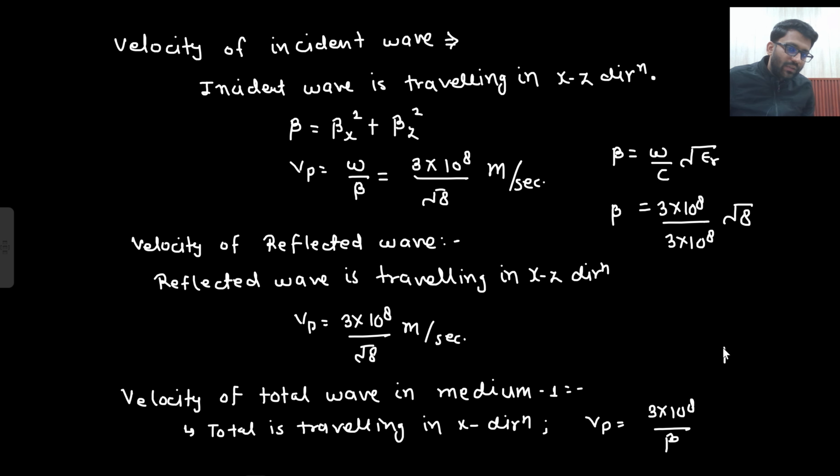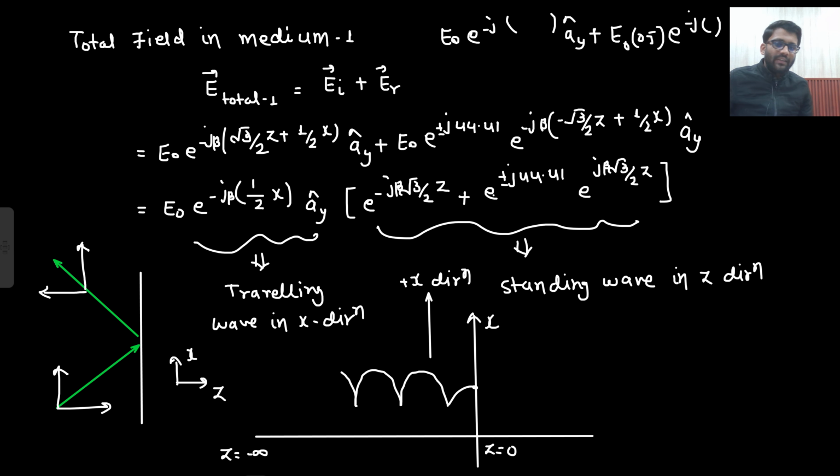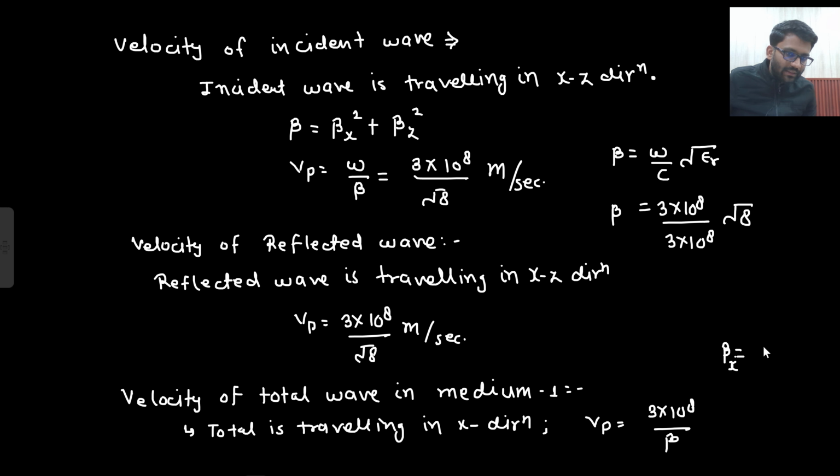So beta of x only I need to take now. What is my beta of x here? Beta of x is beta into 1 by 2. And what is my beta? Beta is under root 8. So under root 8 into 1 by 2 will be under root 2. So here my beta will be under root 2. So what will be the answer?